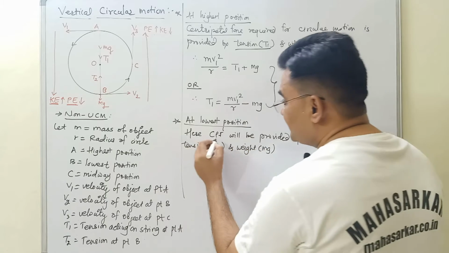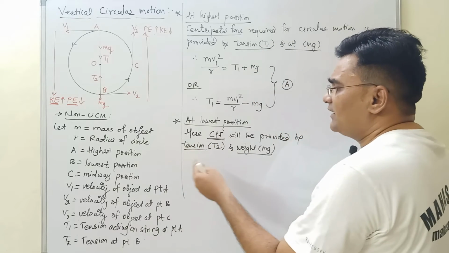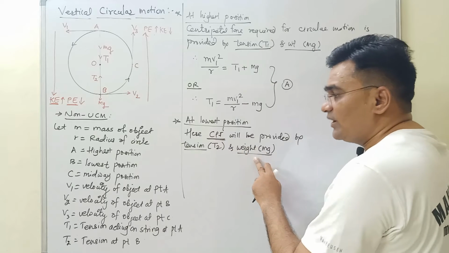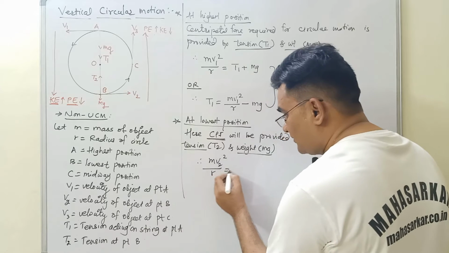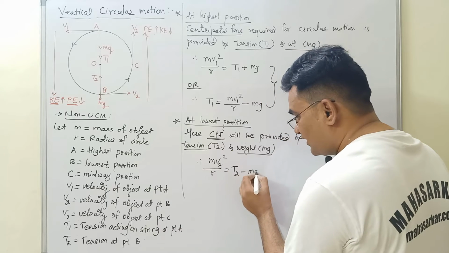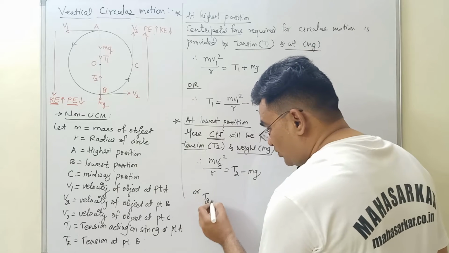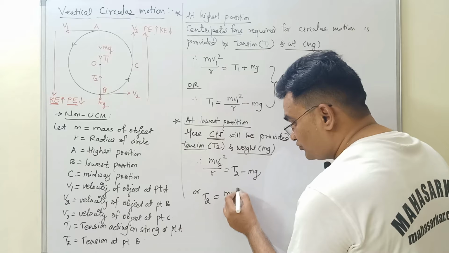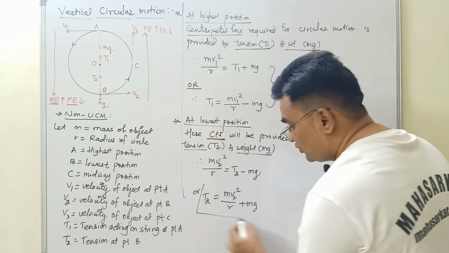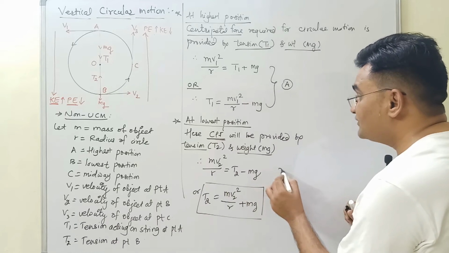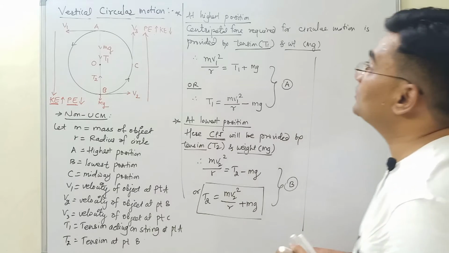As you can see, the addition of both should be equal to the centripetal force, that means mv2 square upon r equals T2 minus mg. Or I can say T2 equals mv2 square upon r plus mg. These will be two equations, and they will be very important when we are dealing with vertical circular motion.